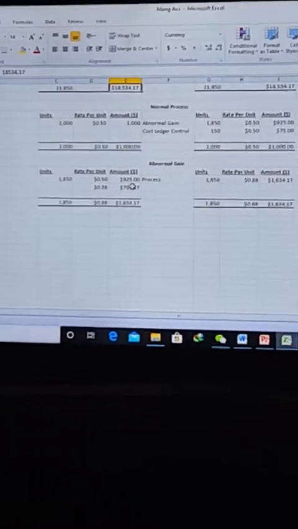Lastly, for this question, there's the abnormal gain, where the normal loss is 1,850 units at a rate per unit of 50 cents, which totals 925.